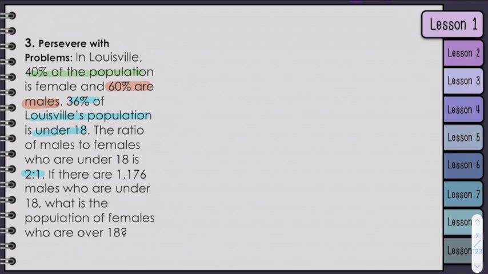Okay, so let's try this out. So we're trying to figure out the total number of females who are over 18. So we're going to set a proportion up. Under 18, there's a total of 1,176 males. You want to try and figure out the total, which is going to be our variable. 36% of the population is going to be under 18 total.